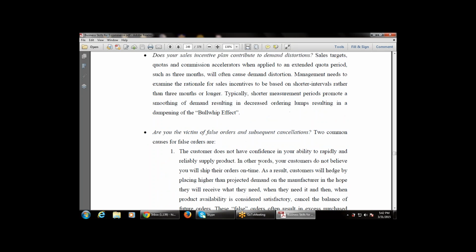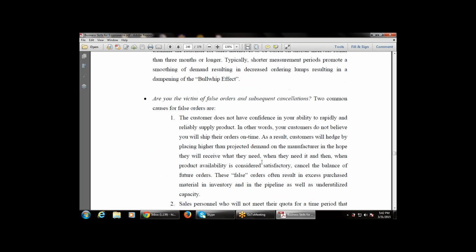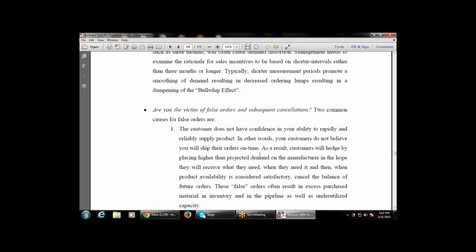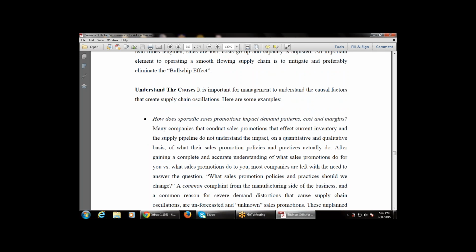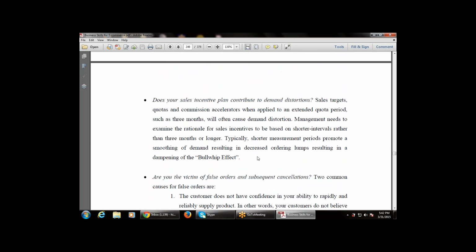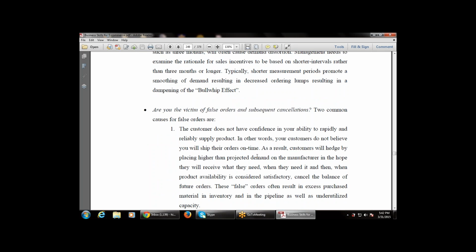Next, are you the victim of false orders and subsequent cancellations? This is also one of the major causes that can give rise to the bullwhip effect. If there are false orders, what are the main causes?